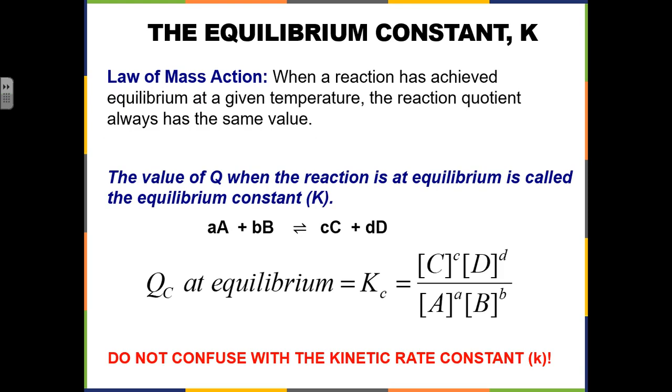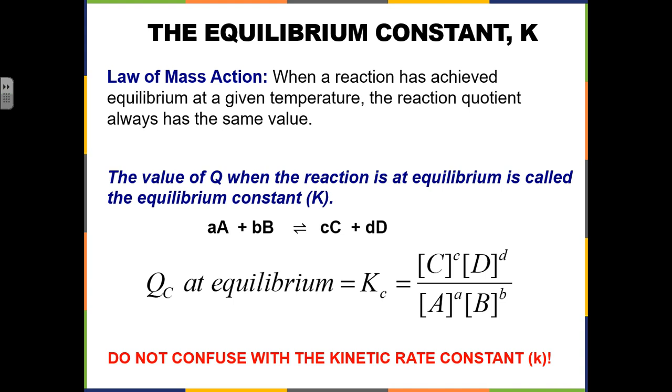Now, the law of mass action says that when a reaction has achieved equilibrium at a given temperature, the reaction quotient always has the same value. So what does that mean? Well, the QC represents that reaction at any point in time. But when you reach a point where it has achieved equilibrium, the QC becomes a different value, which we call the equilibrium constant.